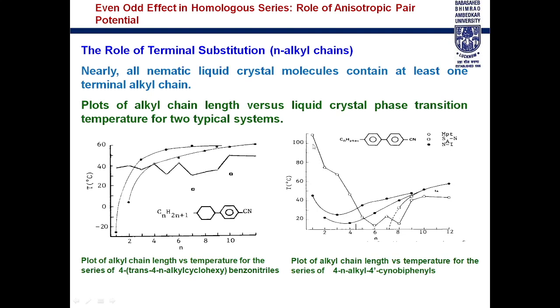Here again, as n increases, initially the transition temperature decreases, but when n crosses 5, it shows an alternation in the phase transition up to 9, and from 9 onward the alternation fades. This alternation in the phase transition temperature is the even-odd effect in homologous series.